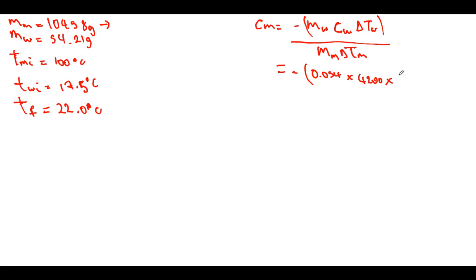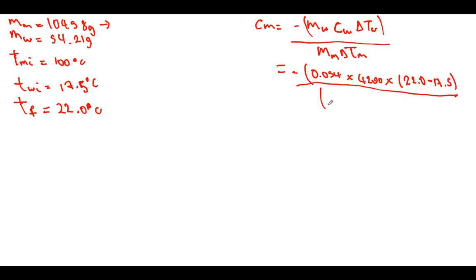Then our change in water temperature would be the final temperature first, so that would be 22.0 minus 17.5. We'll do the same for the metal.